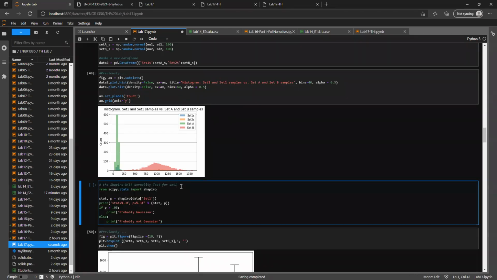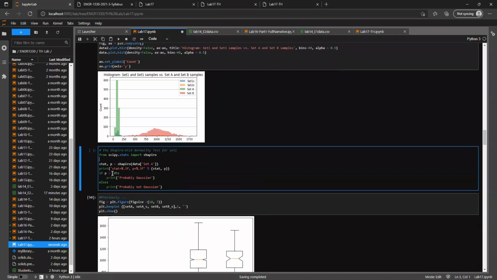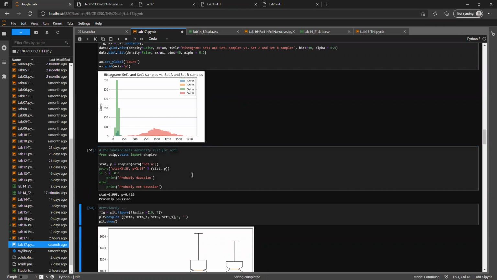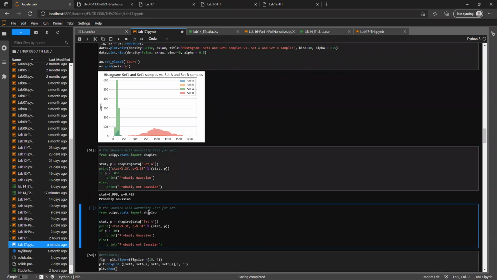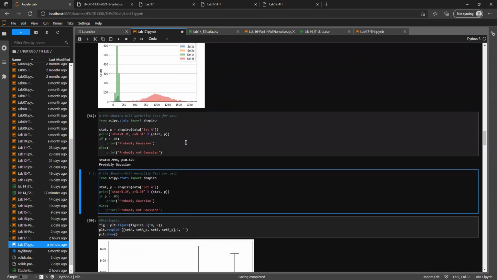We're going to see, is this data set actually normal or not within a 95% tolerance? It's probably normal. Okay, let's do the same thing for set B. Oops.